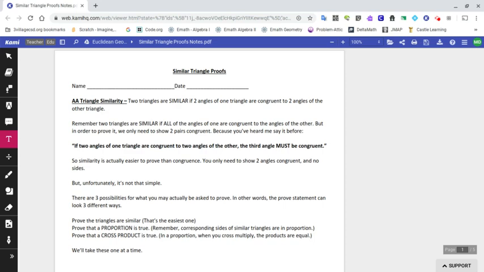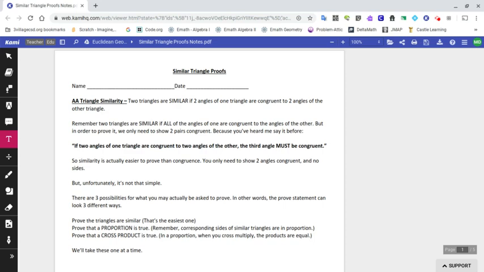There are three different ways that a similar triangle proof can be presented to you. Three different things you can be asked to prove. So the prove statement can look three different ways. First, prove the triangles are similar. That's the easy one. Two angles and you're done. Second, prove that a proportion is true. We're going to see examples of all three of these, but remember, corresponding sides of similar triangles are in proportion.